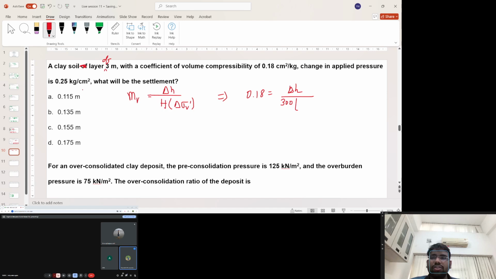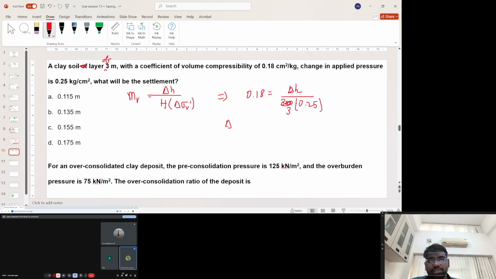However, the entire unit is in centimeters. Eventually you can convert finally. mv and delta sigma units both get cancelled, sir, so the H value is exactly the required answer. Yes, sir, 3 and 0.25.